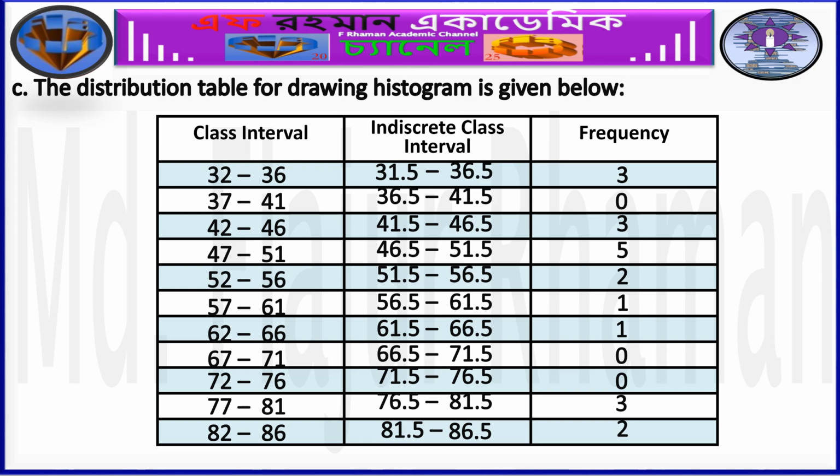Similarly, 36 plus 0.5 is equal to 36.5, 41 plus 0.5 is equal to 41.5, and so on. For this, we should draw the histogram.